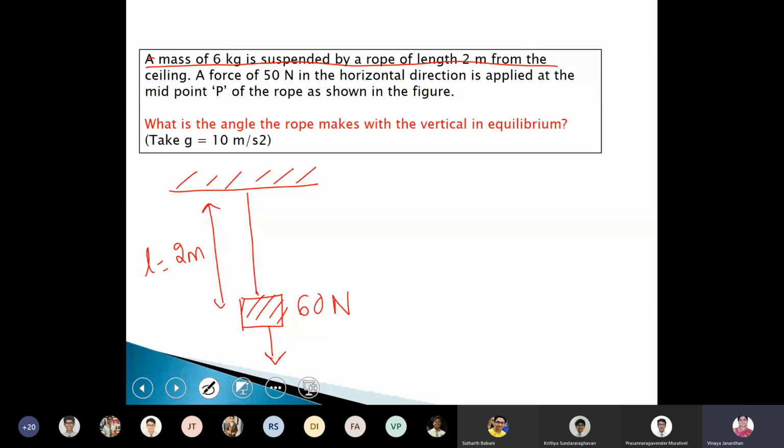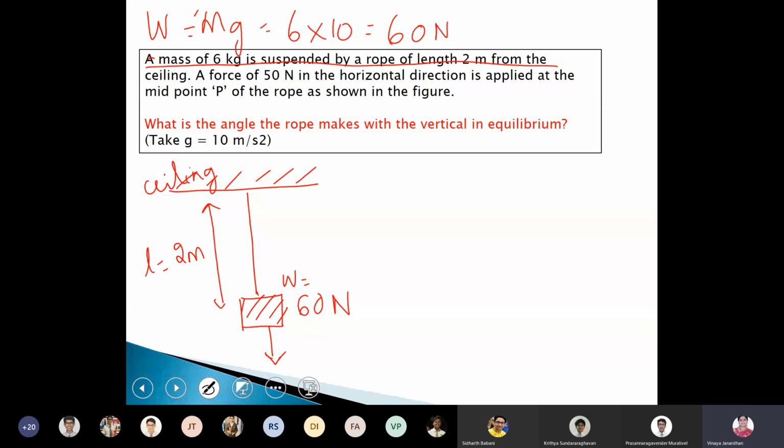One end of the rope is fixed to a ceiling. The other end of the rope, you're attaching a mass. The mass of the object is 6 kilogram. So its weight W is equal to m into g, that is 6 into 10, because g is to be taken as 10, so it is 60 Newton. Is that clear? This is the first part of the numerical. Is that clear, boys? Yes, ma'am.